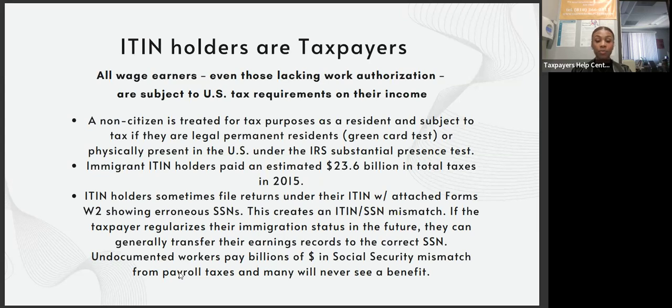Undocumented workers pay billions of dollars in Social Security payroll taxes, and many will never see a benefit. So it's important to make sure that all of the information that is being entered is correct so nothing is mismatched. That way, no one's missing out on any benefits.